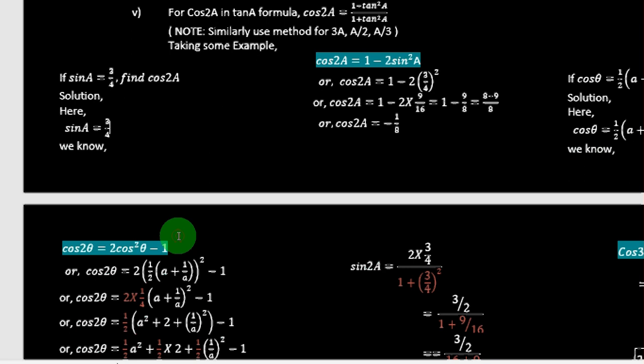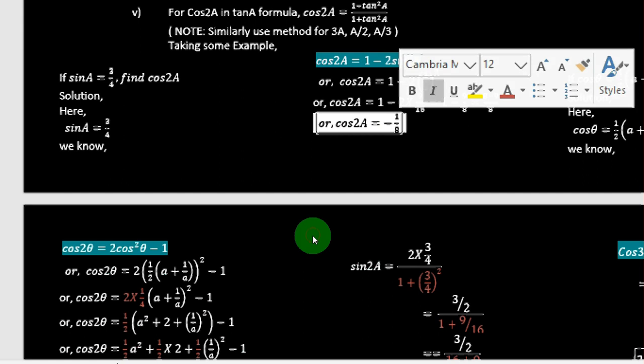So we have sine A equal to 3 by 4, and we have the formula cos 2A equals 1 minus 2 sine square A. So we apply the formula of cos 2A as 1 minus 2 sine square A, but in place of sine A we use 3 by 4. So 3 by 4 squared, and after solving this we get cos 2A equal to minus 1 by 8. So this is our final answer.